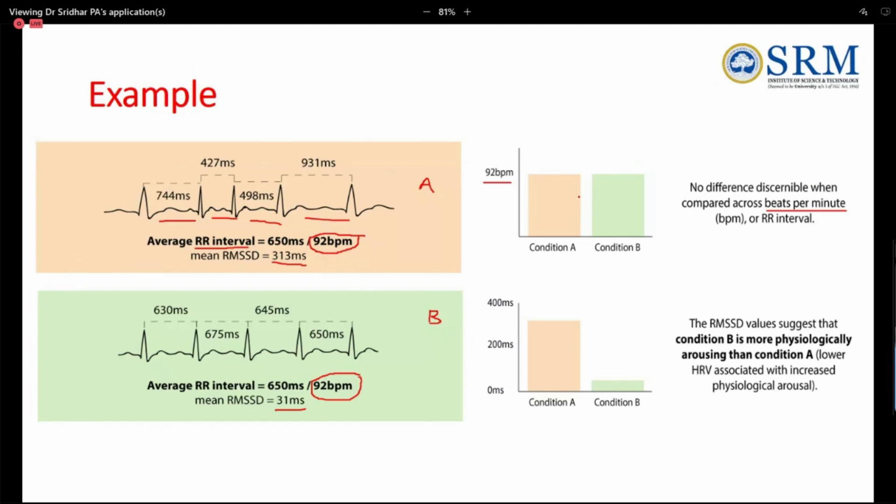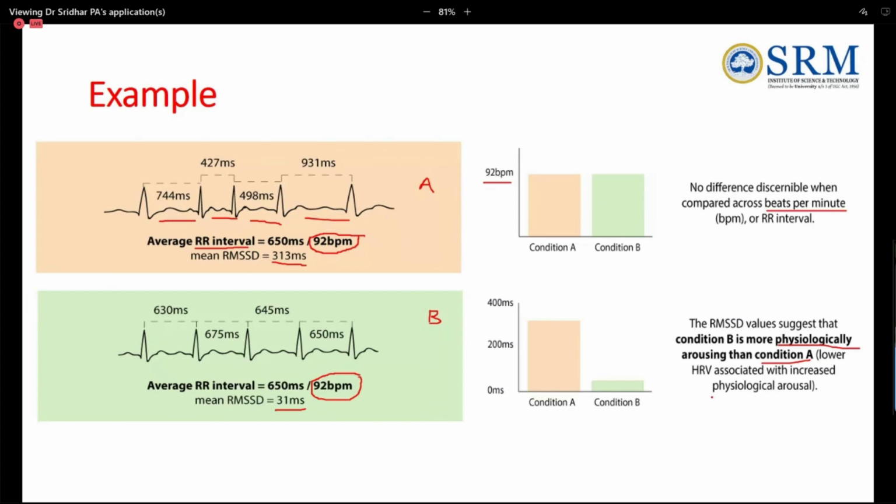Now here we can see more. Based on this RMSSD value, I can physiologically see that condition A has a lower HRV while condition B has a higher HRV. Lower HRV is associated with being more physiologically aroused.